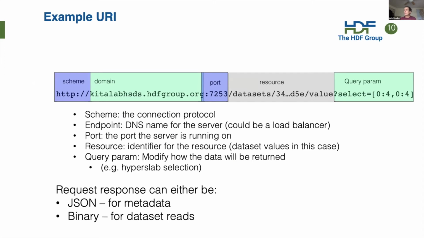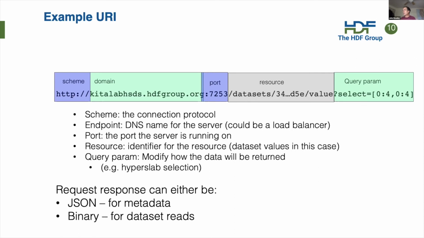Here is an example of what the HDF REST URI might look like. You've seen this countless times when you've been using a browser or something else. You have a schema like HTTP or HTTPS. The endpoint, that's the DNS name of the server you're talking to. The port, if it's not port 80 or port 443 for HTTPS. And then the resource.